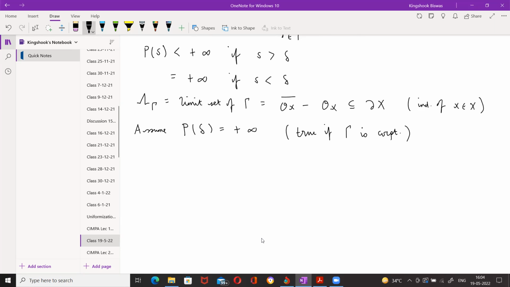Okay, so then what we can do is the following. We define a measure mu x comma s for every s bigger than delta. So I know the Poincare series is finite.